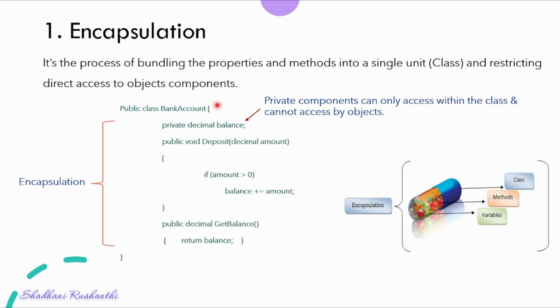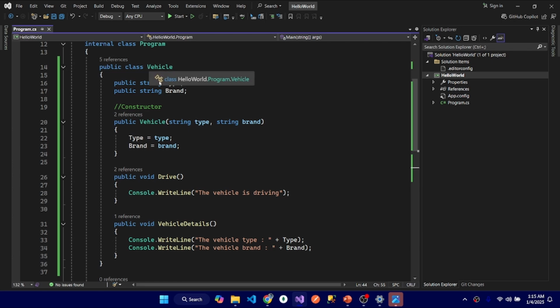The basic concept of encapsulation is to keep the private components within the class so that outsiders cannot access them through objects. Let's see some examples of this concept. In the class vehicle that we have created, there are two properties called type and brand. I have declared them with the public access modifier.